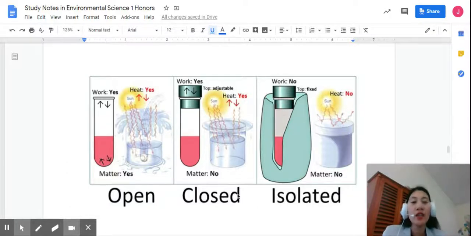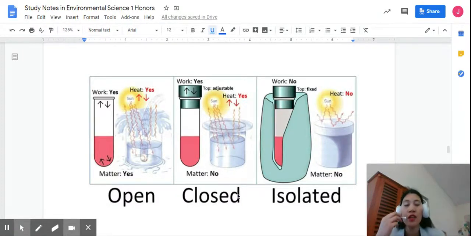And then for the isolated system, you can see the big pan, and then the small pan is inside that. So the heat energy cannot get into the small pan, and you cannot add anything into the small pan because it's locked, it's closed properly.